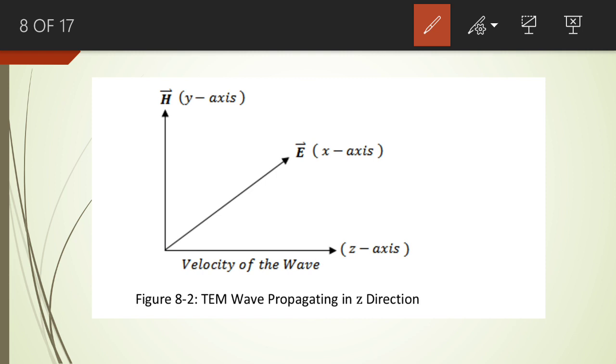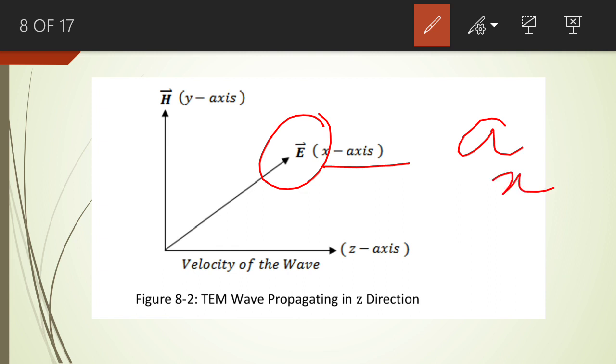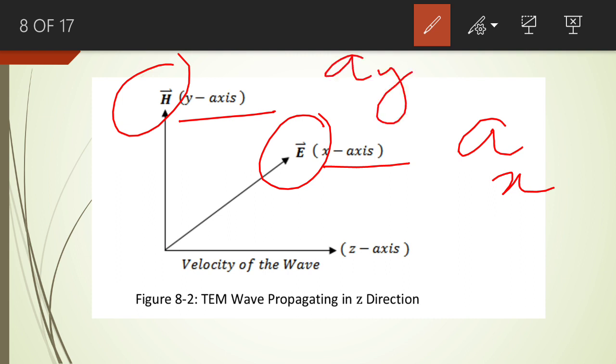You see, the electric field intensity of the wave is along x-axis, and the unit vector along x-axis is represented by ax. Similarly, the magnetic field intensity of the transverse electromagnetic wave is along y-axis, and the unit vector along y-axis is represented by ay, and the velocity of the wave is along z-axis, and the unit vector along z-axis is represented by az.